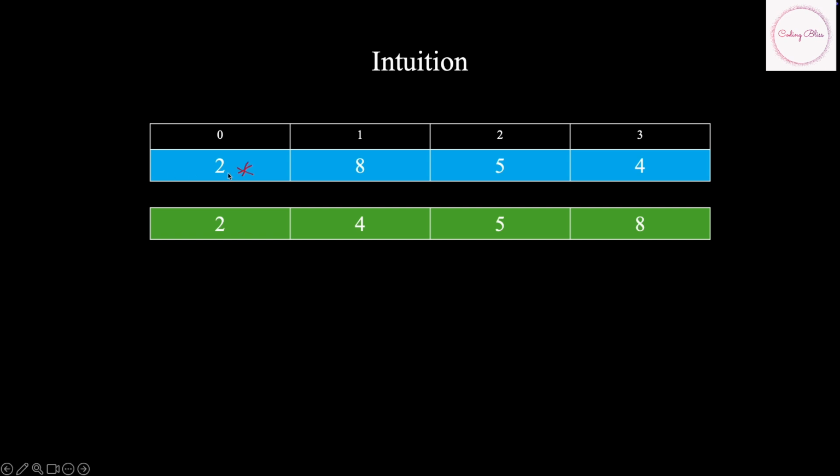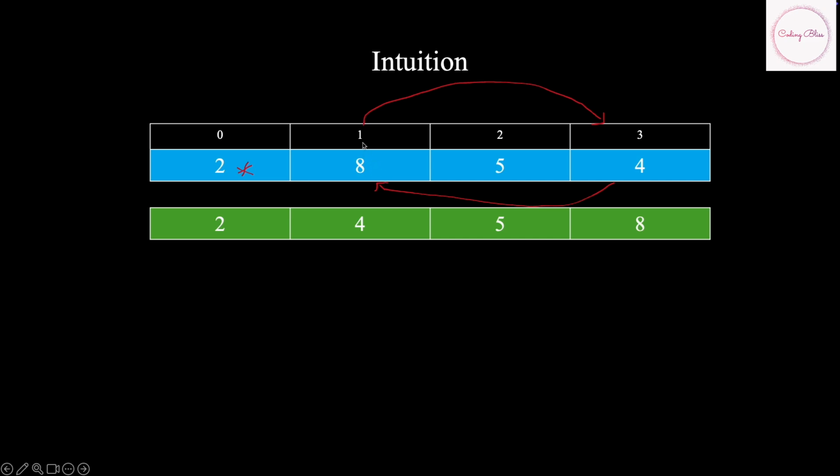So to start with, we take 2. 2 is in its proper position, so nothing has to be done for 2. Now let's take 8. 8 has to actually move to location 3. And similarly, whatever is in location 3, which is 4, has to move to location 1.